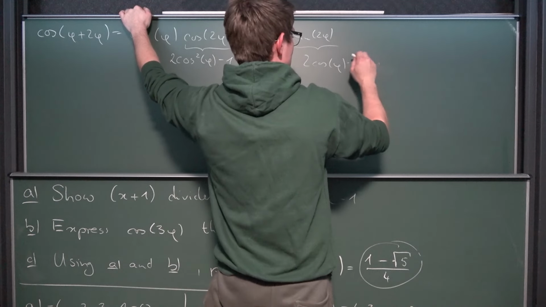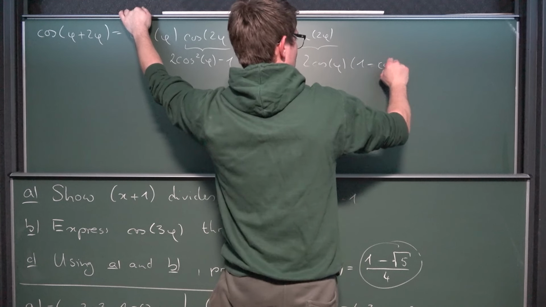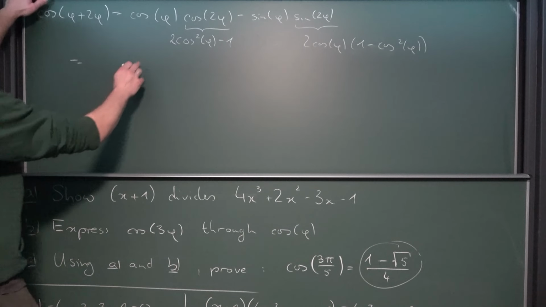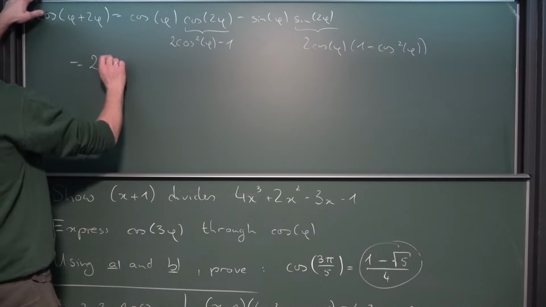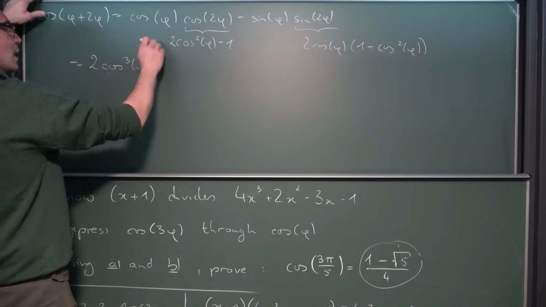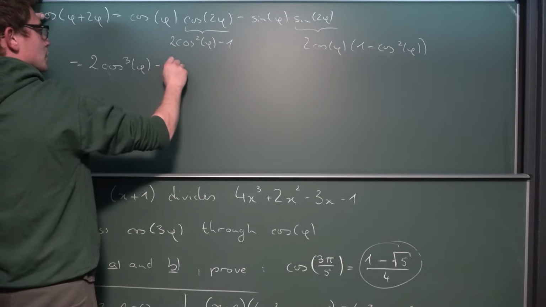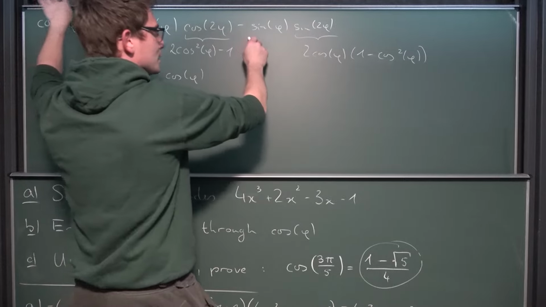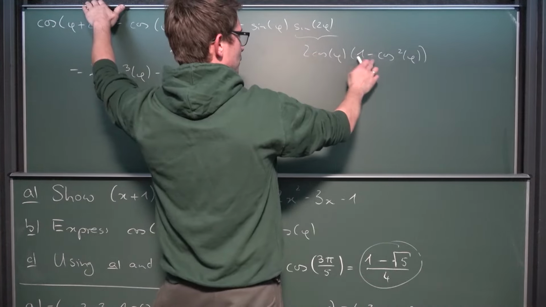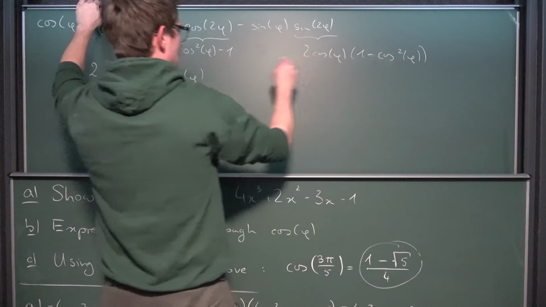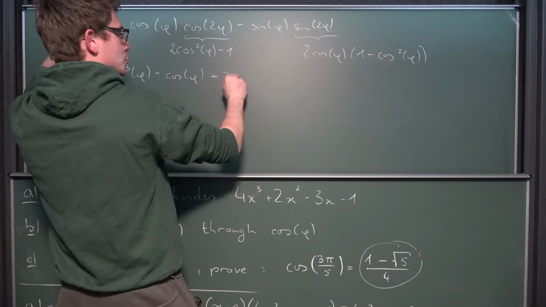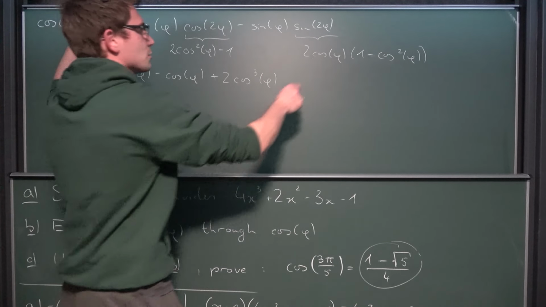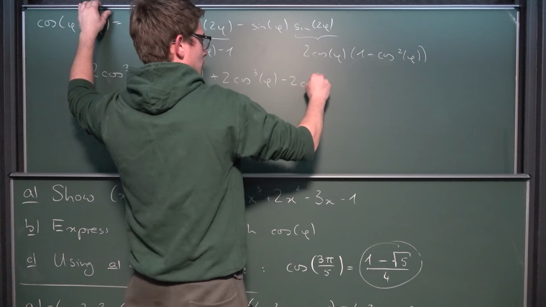So all of this turns into 1 minus the cosine squared of phi. So what we got is 2 times cosine to the 3rd power of phi minus cosine of phi. And then we have minus, positive, so plus 2 cosine cubed of phi. This turns into minus 2 cosine of phi.